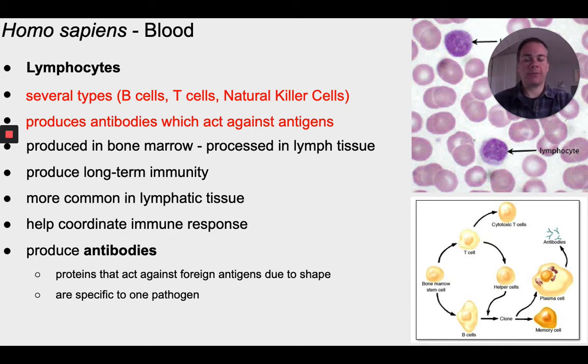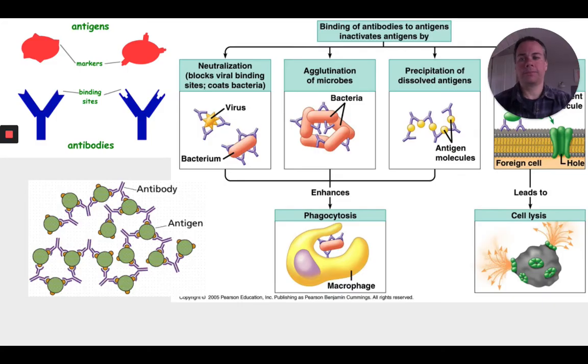So they're specific. So an antigen to the influenza virus is specific to that strain of influenza. Those antibodies will help identify and attack that influenza virus, but they will not offer protection against some other pathogen.